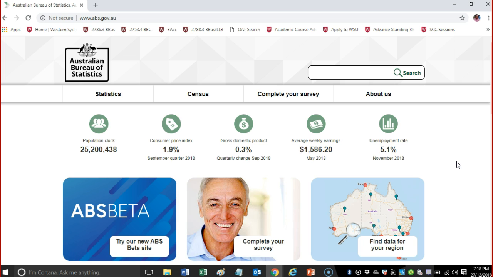That's the labour force. Of them, 5.1% of them are unemployed. That is, actively seeking work but don't have it.